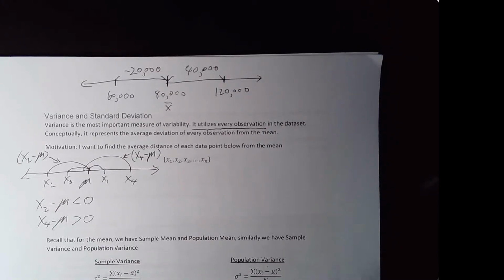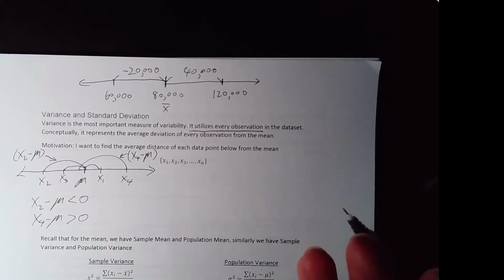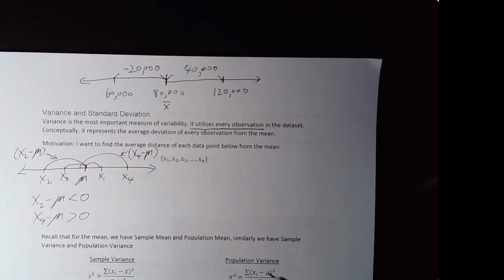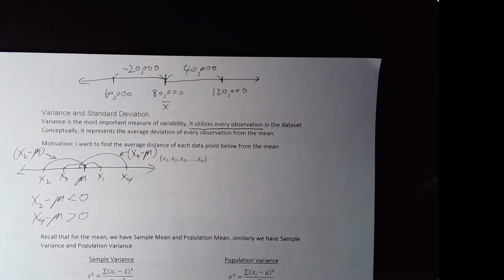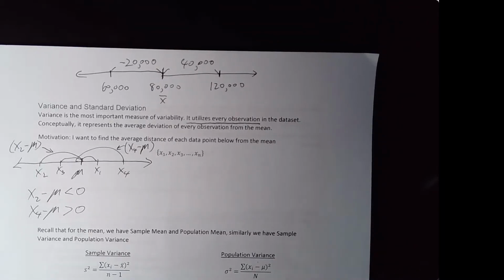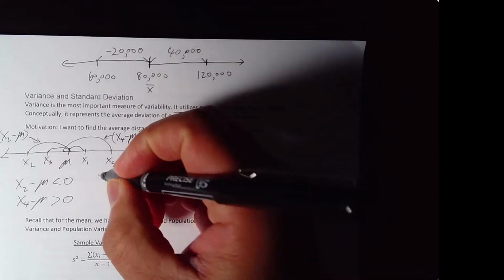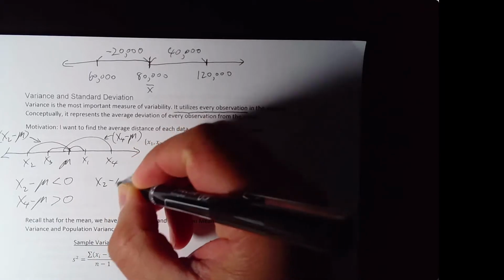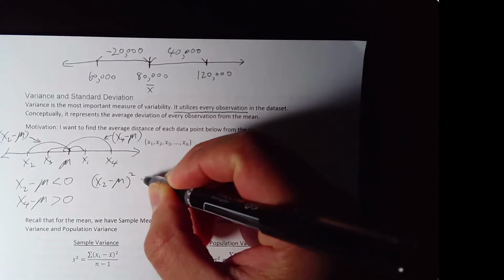So one of the ways we can get rid of that, well, one, we could do absolute value. However, it turns out that absolute value is very difficult to do math on. It's not a very effective or efficient operator. So instead, we're going to do the second best thing. We're going to square it. If we take x2 minus mu and square that, it's going to be bigger than 0.